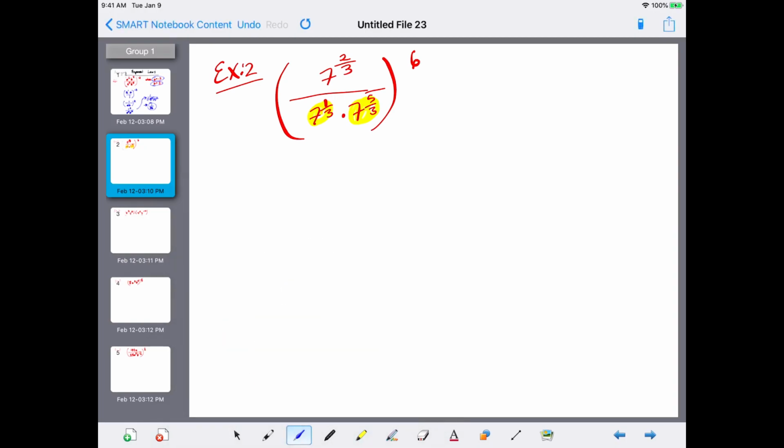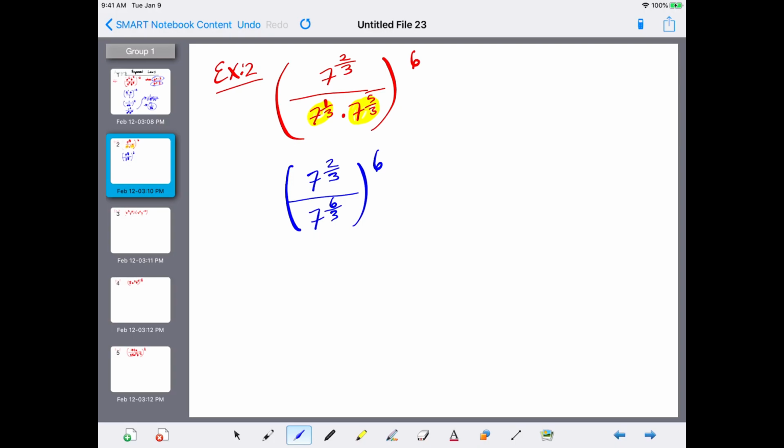So I'm going to rewrite this. On the top, we're still going to have 7 to 2/3. On the bottom, 1/3 plus 5/3 is equal to 6/3. So we'll have 7 to the 6/3. Okay, and yes, technically that's equal to 2, but it's going to help us here in a second to leave it with the denominator of 3. Because as you can see in the numerator, we have 7 to the exponent of 2/3.